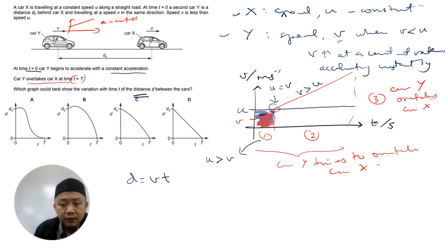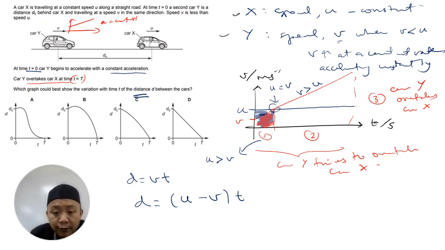So d will be equal to the distance of car X minus that of car Y, which is u minus v times t, where u is the speed of car X and v is the speed of car Y. This is a bit confusing to explain, but hopefully I can manage to explain it to you.